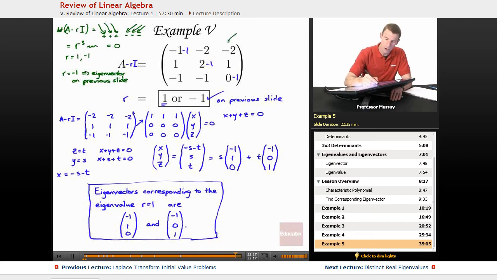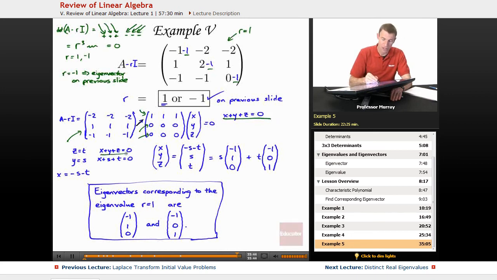So we're plugging in r equals 1 into a minus ri here. So we subtract 1 down the main diagonal. That gives us this matrix. And when you look at this matrix, we really have 3 copies of the same row because they're all multiples of 1, 1, 1. So that means we can use the 1, 1, 1 row to wipe out the other 2 rows, and we just end up with the equation x plus y plus z is equal to 0.